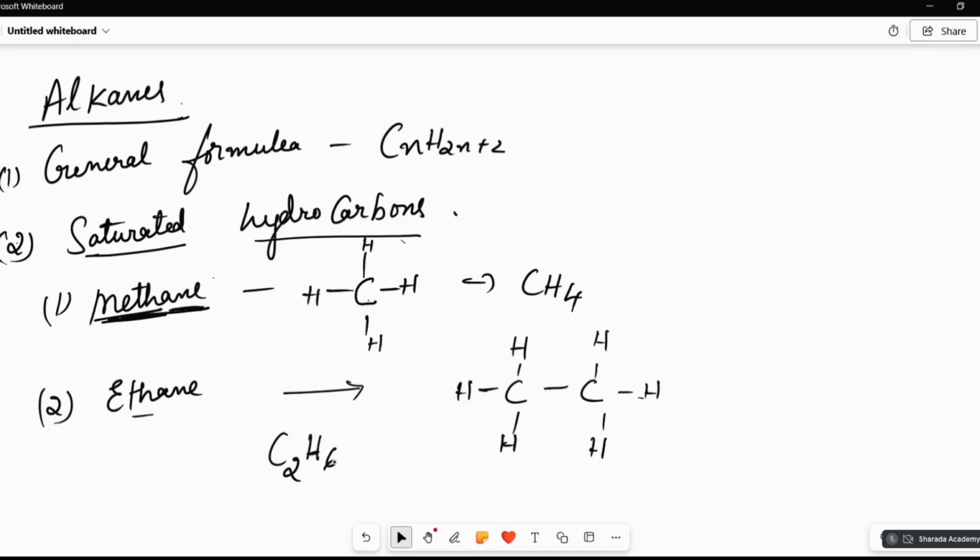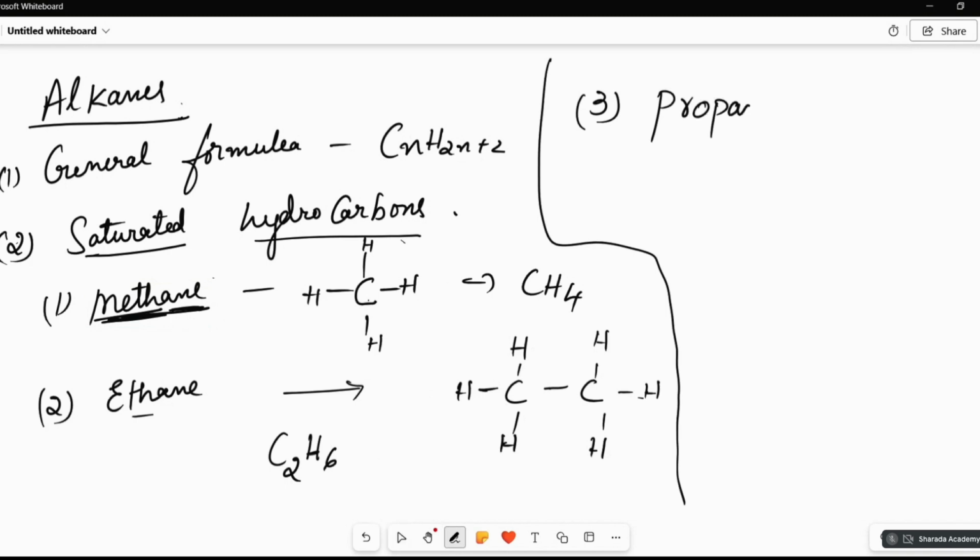Write for the next one. Write this now first. Propane. Propane will have 3 carbon atoms. General formula we have CnH2n plus 2, correct? So n indicates the number of carbon atoms.